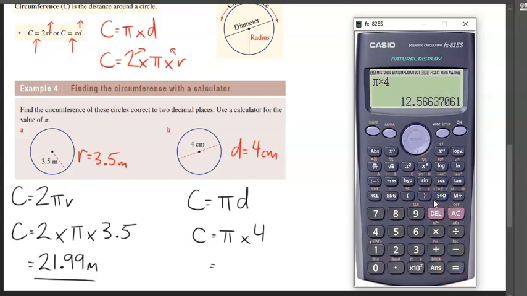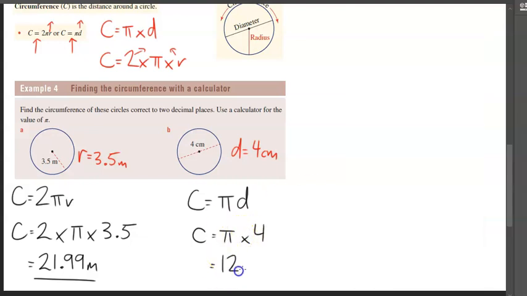Press the SD button and get 12.56. Because the critical digit is above 5, that 6 bumps up by 1, so it's 12.57, and the unit is centimeters. That's all there is to it. If you can tell me the radius or the diameter of a circle, I can tell you what its circumference is using one of these two formulas.